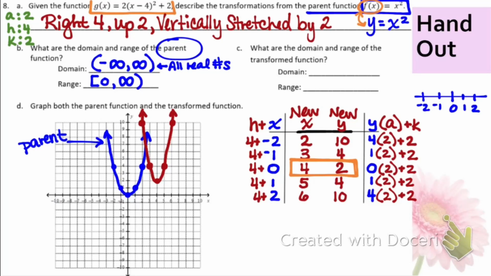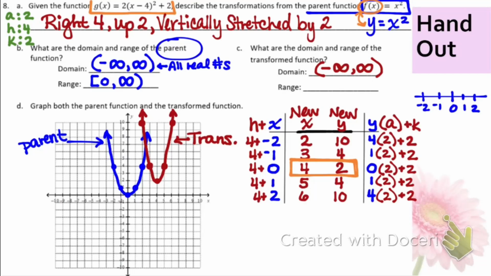What would my domain be for this? All real numbers, negative infinity to positive infinity. Does this red transformed graph have a maximum or a minimum? Minimum. When I go to write the range, we always write the minimum first.